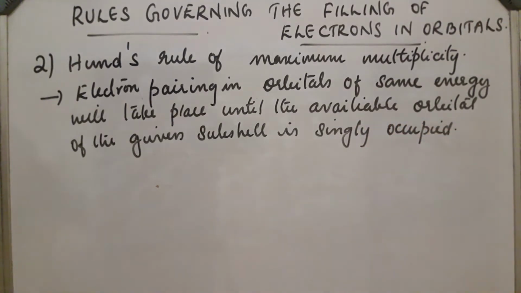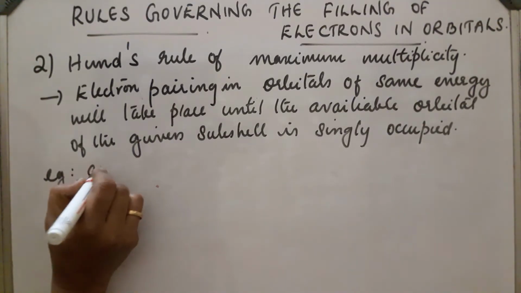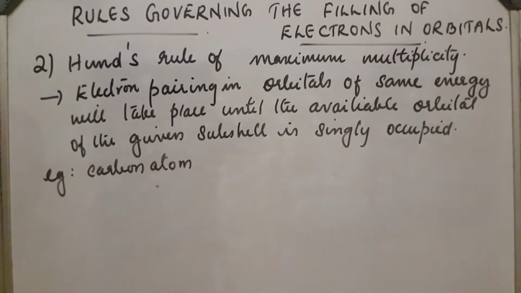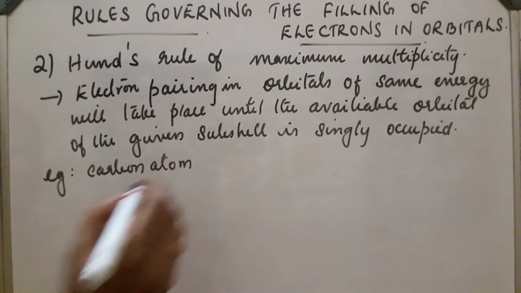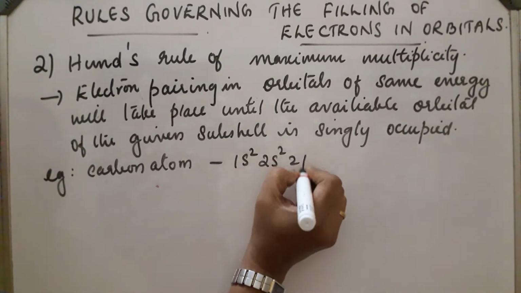Let us take one example. Carbon atom. Electronic configuration of carbon atom is 1s2, 2s2, 2p2.